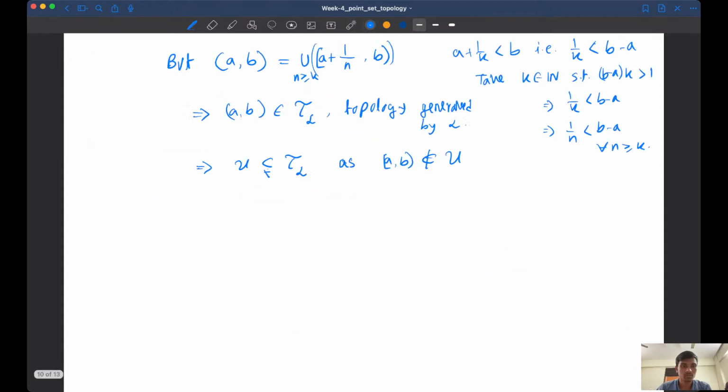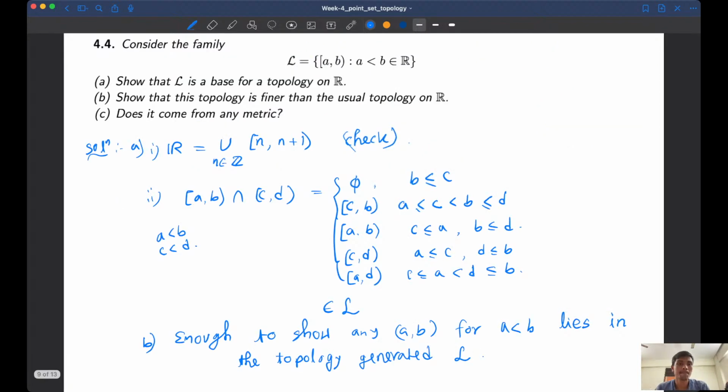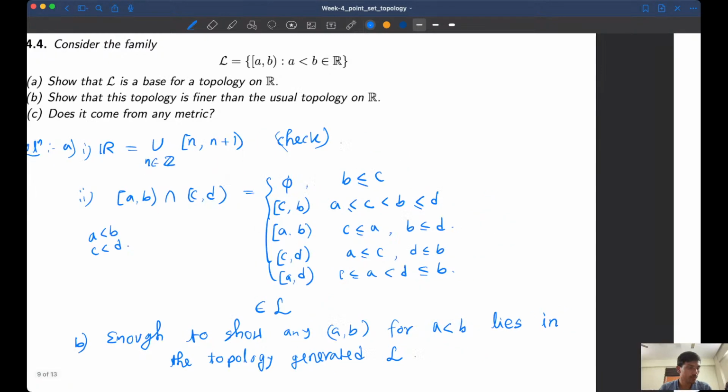But what about this third part, does it come from any metric? Any idea?